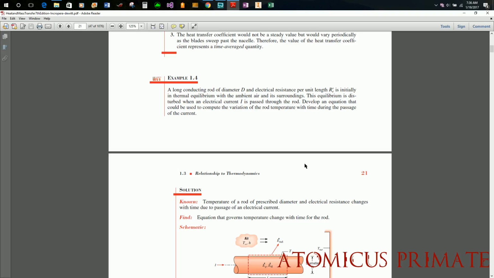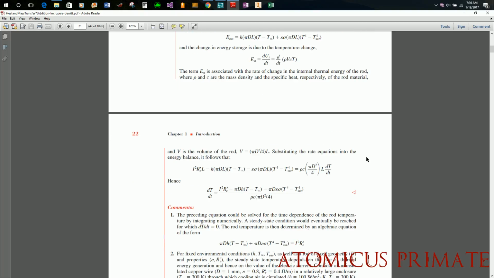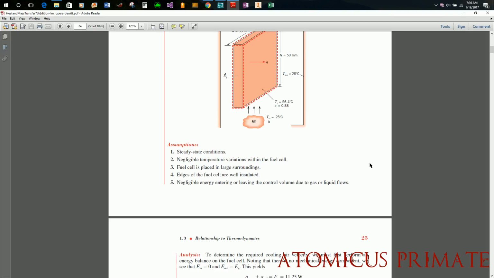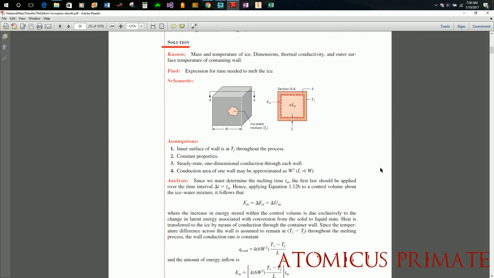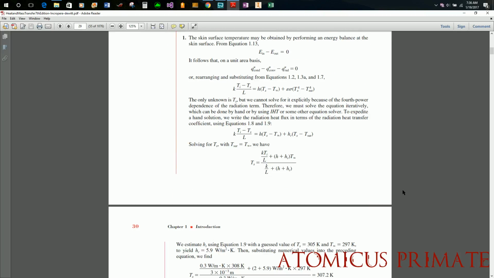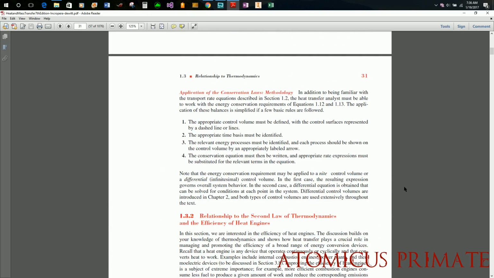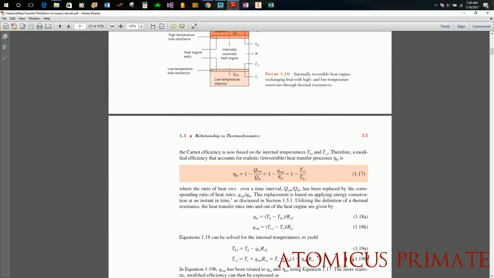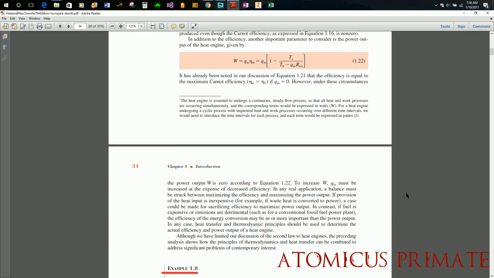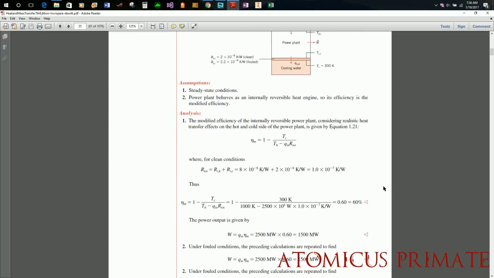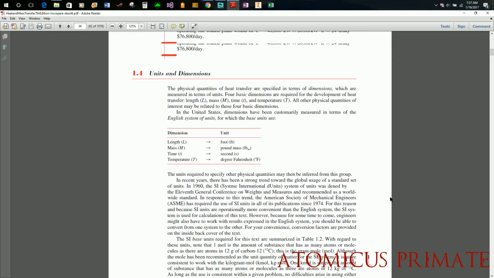And a conducting rod of diameter D and electrical resistance. Continuing. Example 1.5. This is all still just from 1.3. There's a lot of examples. Let's do this a different way. A lot of equations still. Sorry, bear with me.